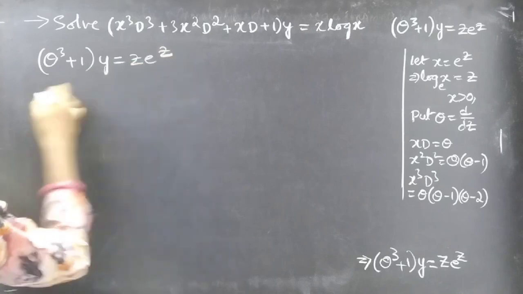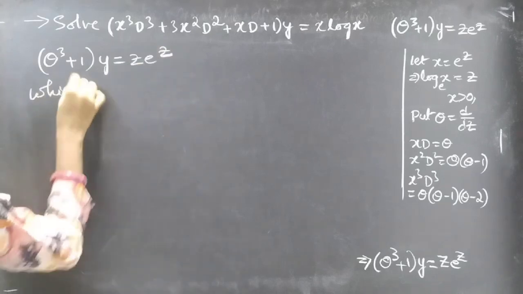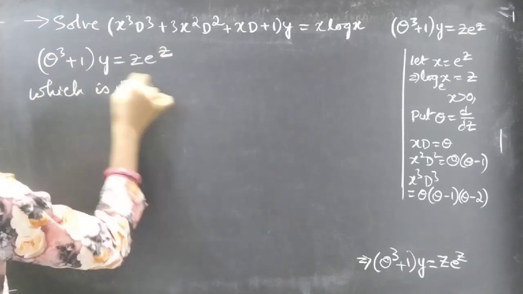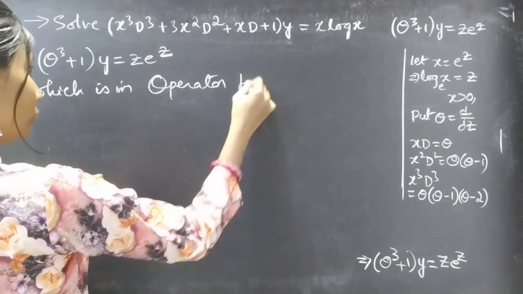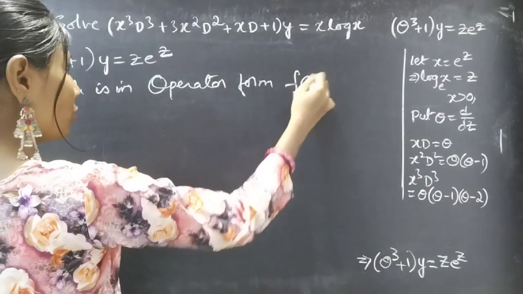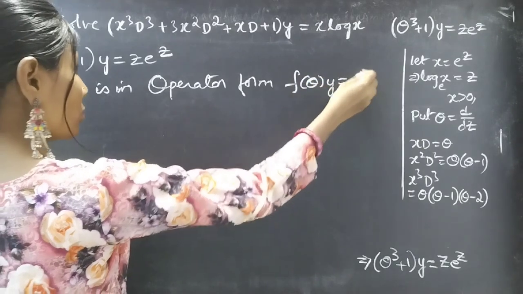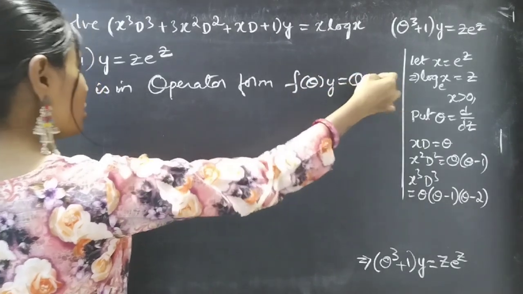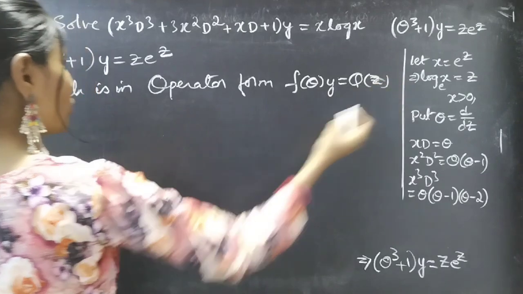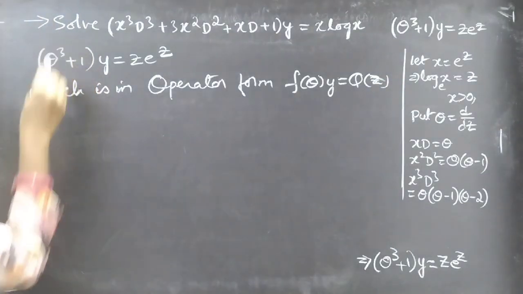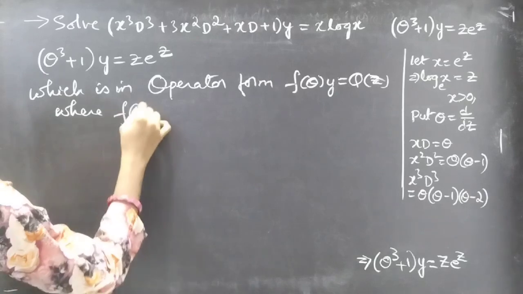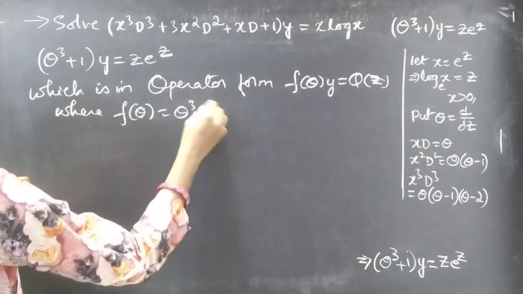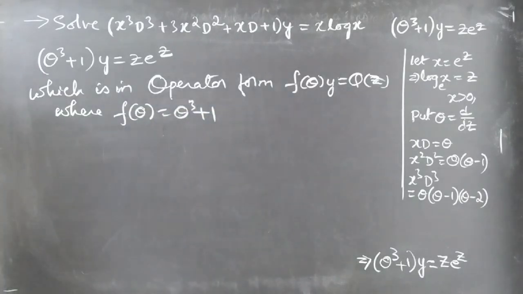Which is in operator form F of theta into y equal to some function of z, where F of theta is theta cube plus 1.